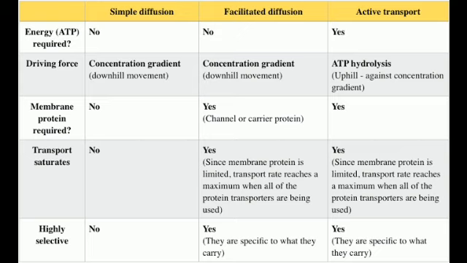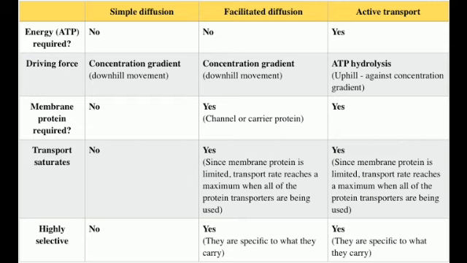The table represents the difference among simple diffusion, facilitated diffusion, and active transport. Simple diffusion and facilitated diffusion are passive transport, meaning they do not require any energy, whereas active transport requires energy in the form of ATP. And the second difference is driving force.